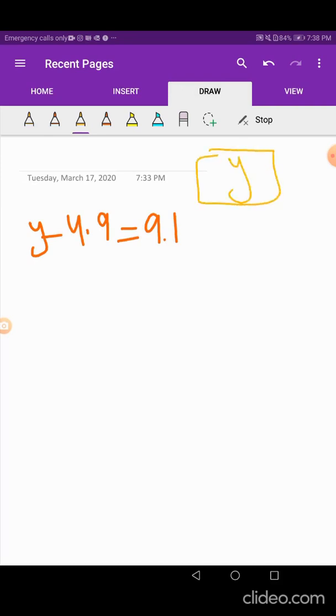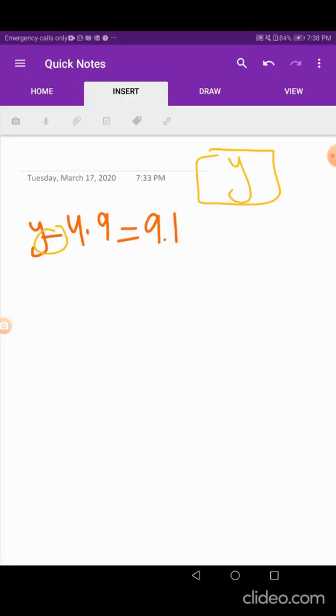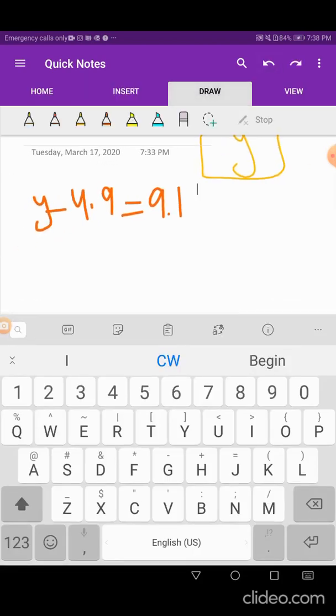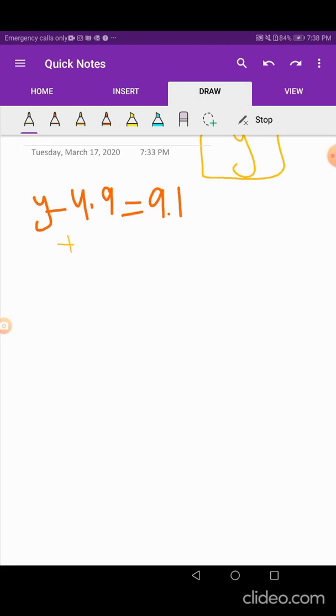So I'm asking myself, how can I keep this y isolated and cancel the 4.9? The answer is easy. Since the 4.9 has a negative sign, we need to use the opposite operation, which is addition. So you need to add 4.9 to this side, and of course to the second side too, to keep it balanced.